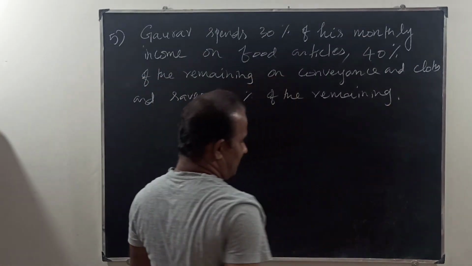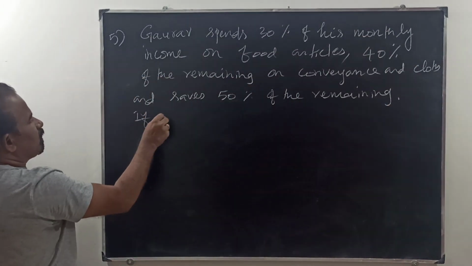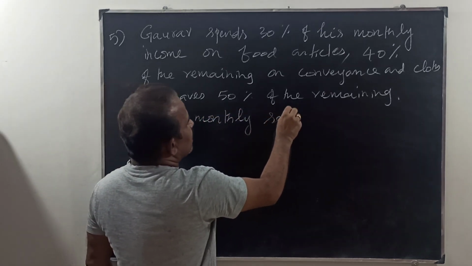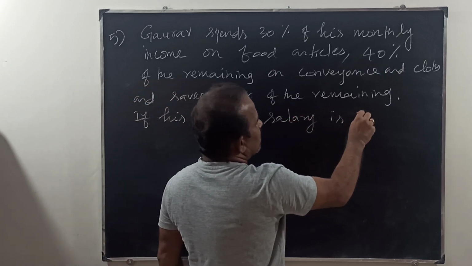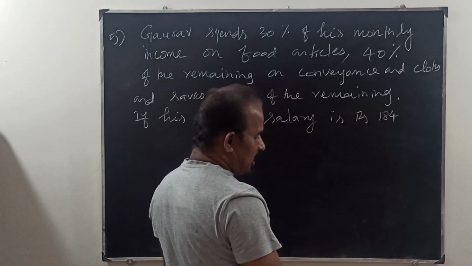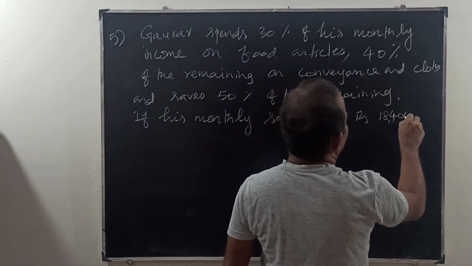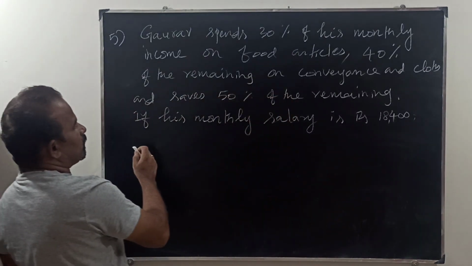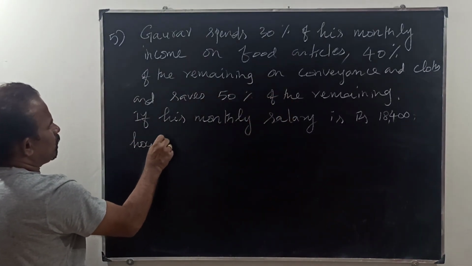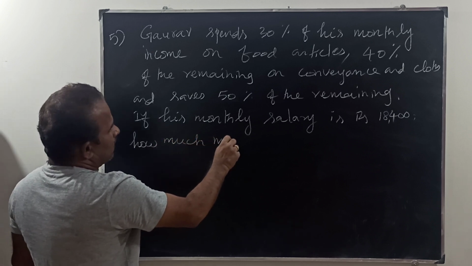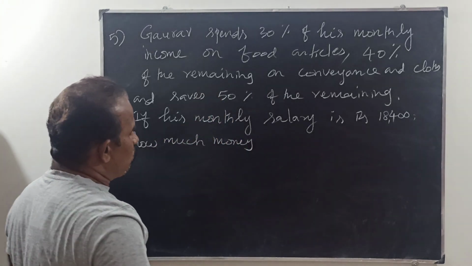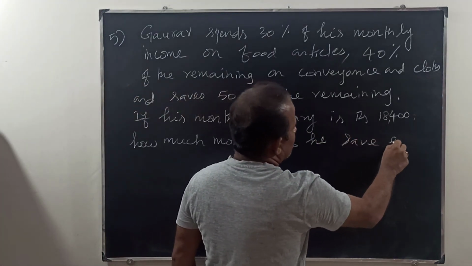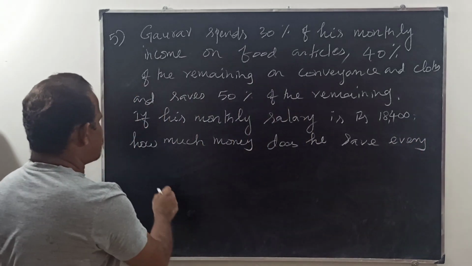If his monthly salary is rupees 18,400, how much money does he save every month?